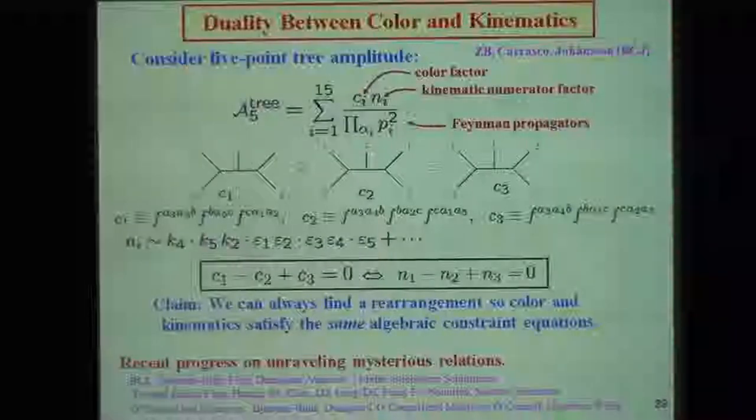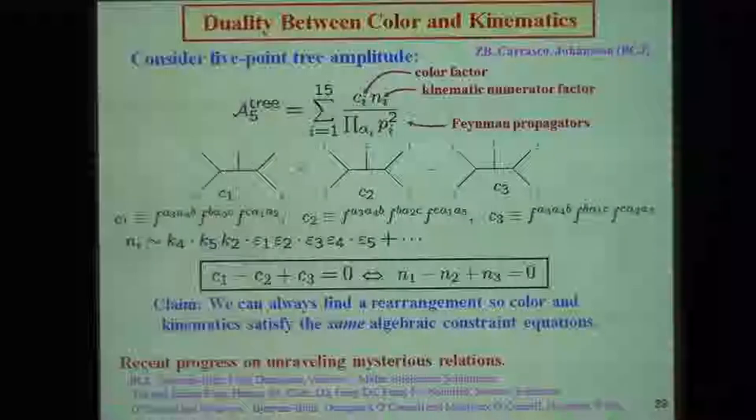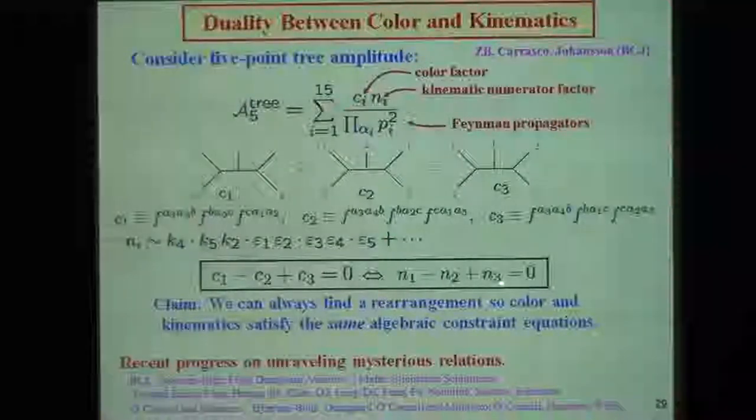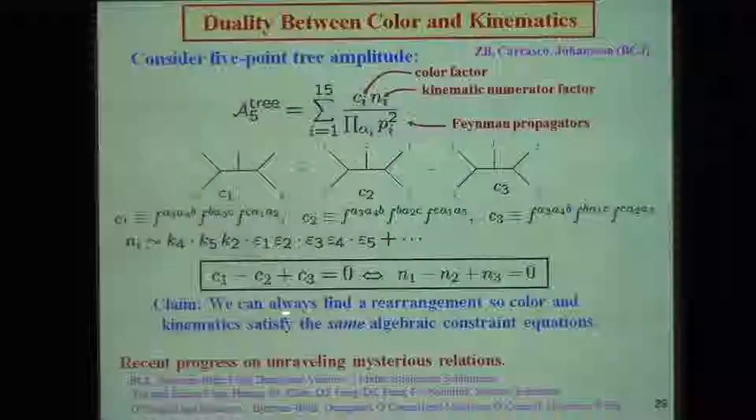Okay, and now the statement is highly non-trivial. It says that there exists a way of rearranging these numerators. So there's some numerators here that you rearrange in some way such that the amplitude is correct. Obviously, you want the correct amplitude. Such that after this rearrangement, the numerators obey exactly the same algebra as the color factors.